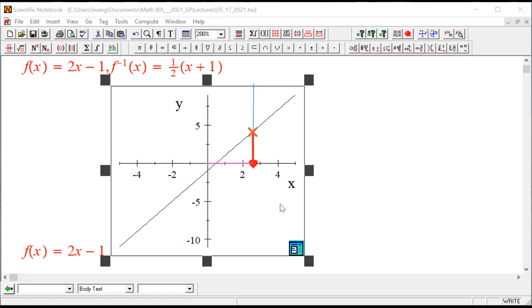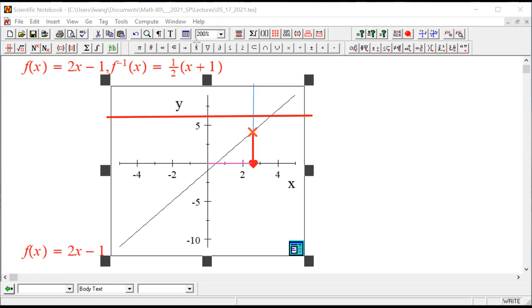So this vertical line test is to test whether it is a function. A one-to-one function says that for a different input, we must have a different output. In other words, if we draw a horizontal line, this is about output. How many inputs will correspond to it?